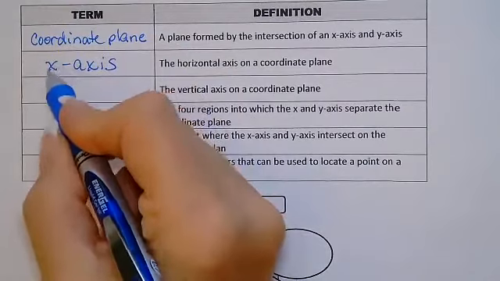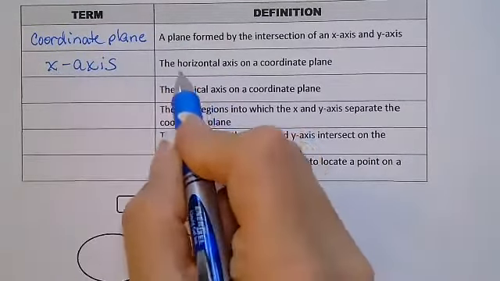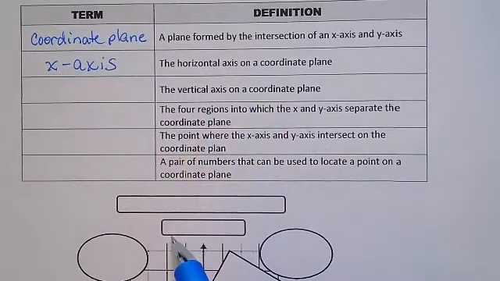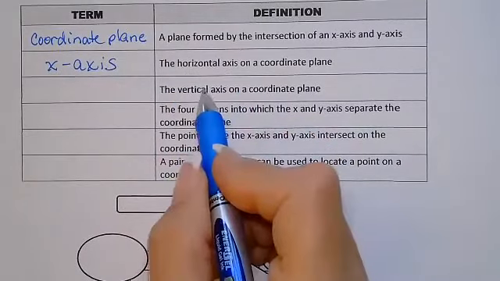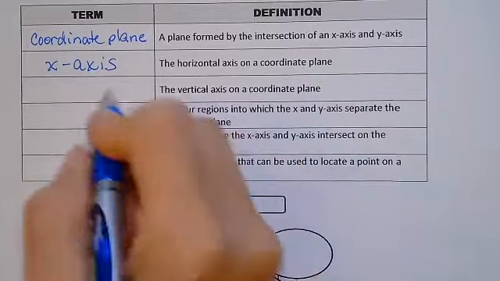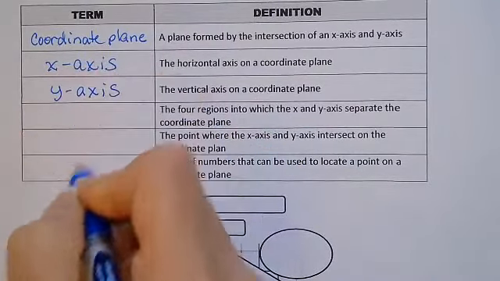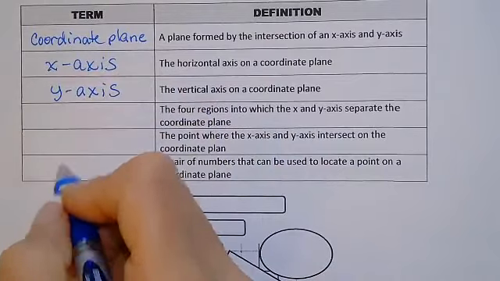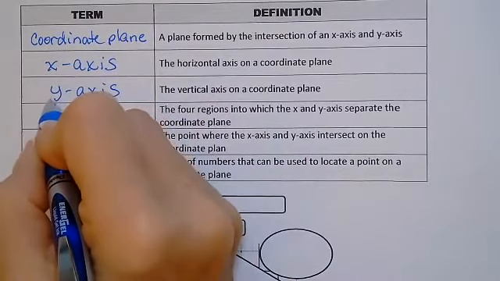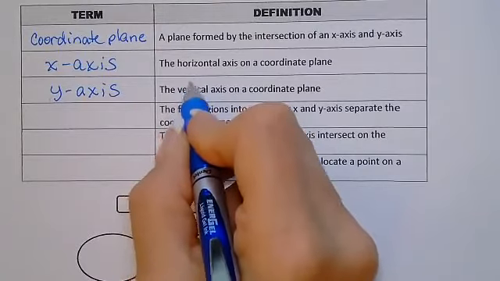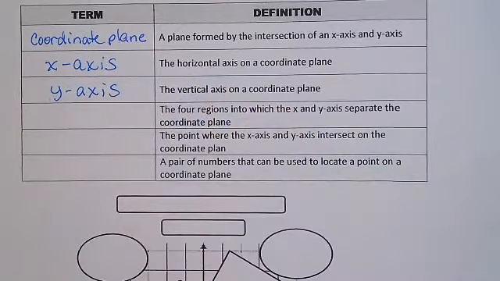Just like you cross X, horizontal goes across. Okay, the vertical axis on a coordinate plane is the y-axis. Just like you go up and down to create a Y, vertical is up and down. You go up and down to create a V.